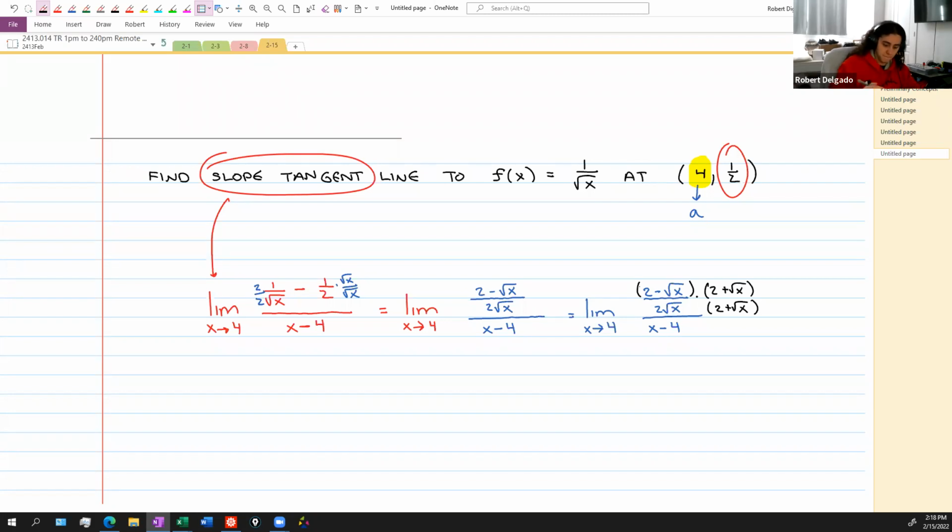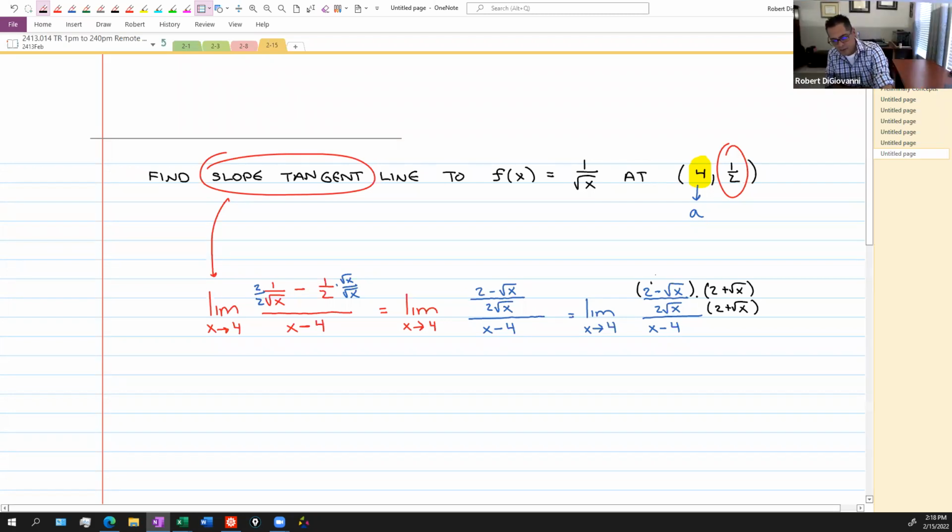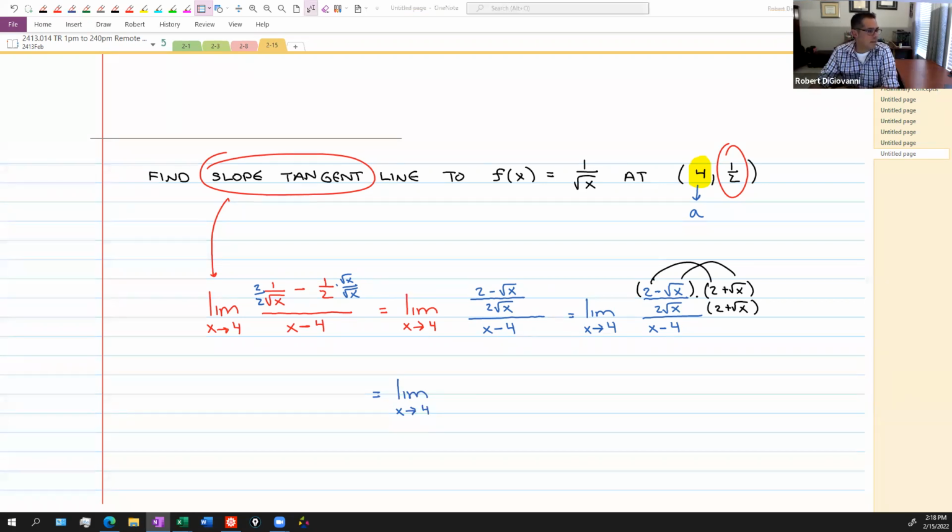Okay. So now let's multiply this out. We know the middle terms cancel and we just get the last terms. That's all that matters. This is going to be the limit as x goes to 4. On top, let's call on somebody here. How about Jose? Jose, you here?